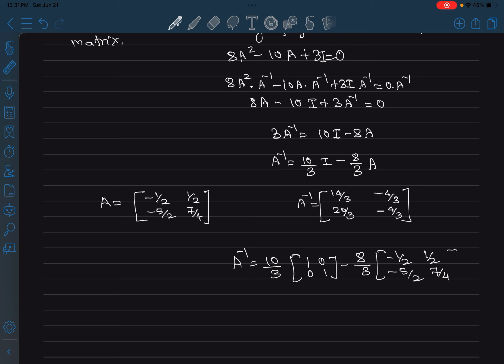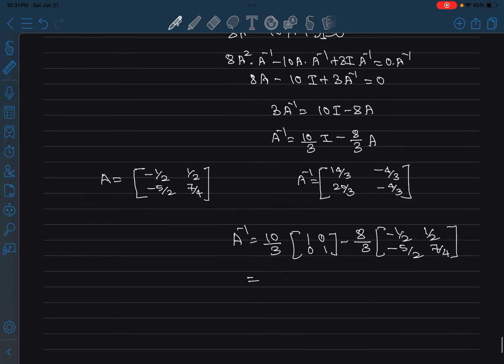Let's see. This becomes 10 over 3, 0, 0, 10 over 3, and then plus 4 over 3, minus 4 over 3, and this becomes 40 over 6, which is 20 over 3.